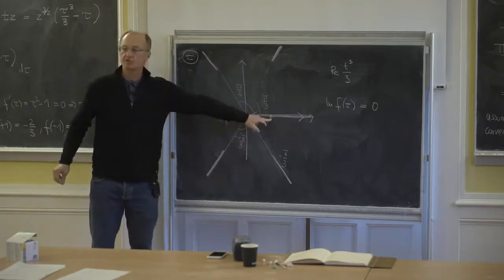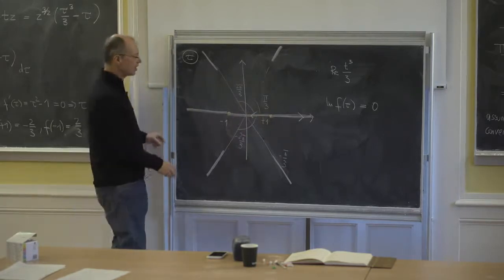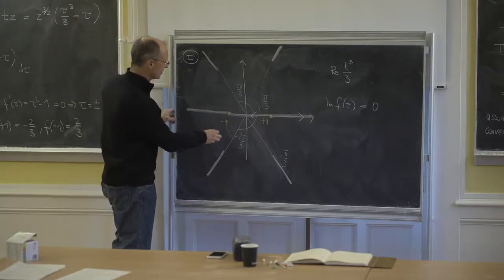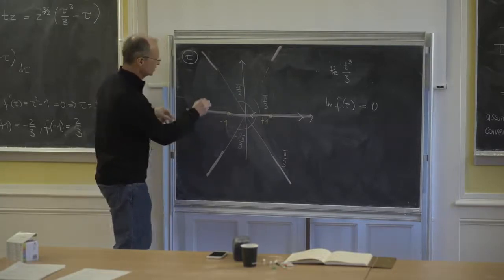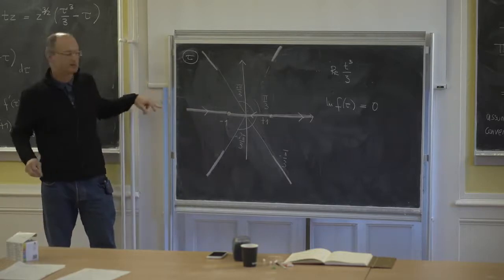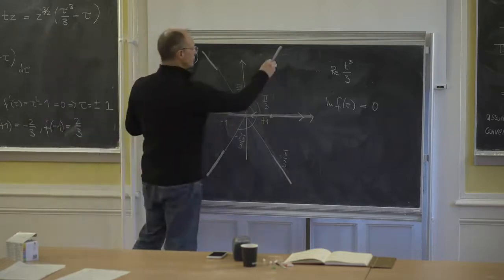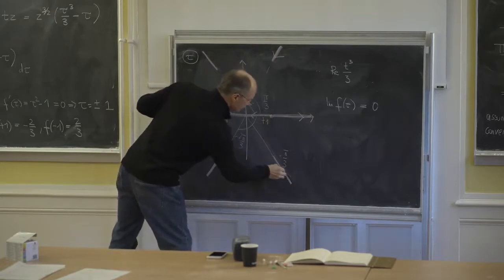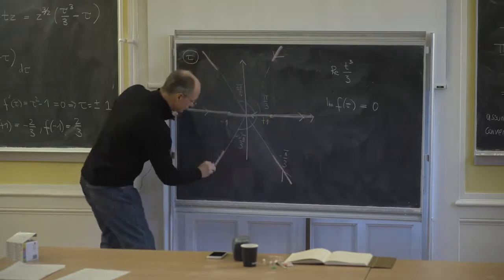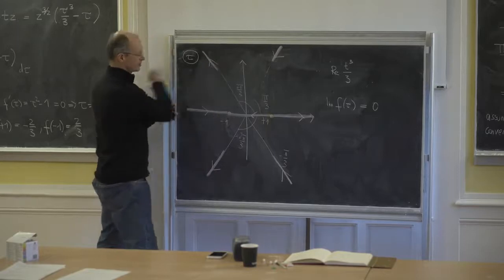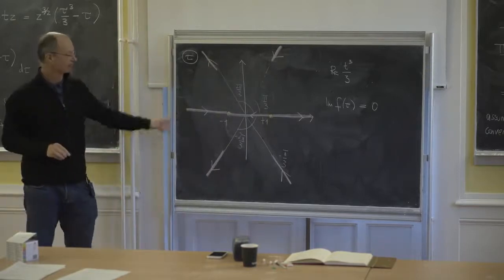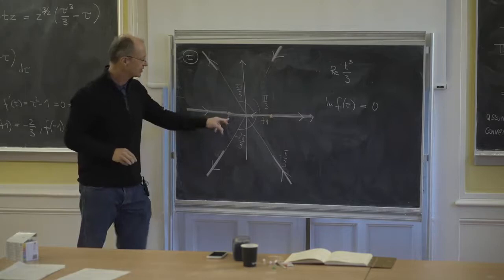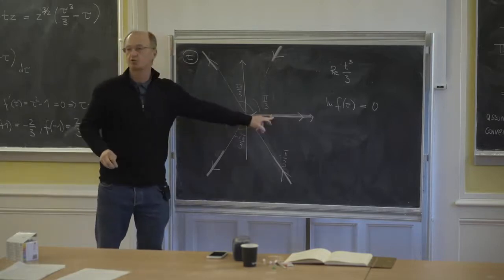Remember, here it's minus 2/3, here it's plus 2/3, and it also grows here because it's minus infinity. It grows here, it grows there, and it grows there, right?